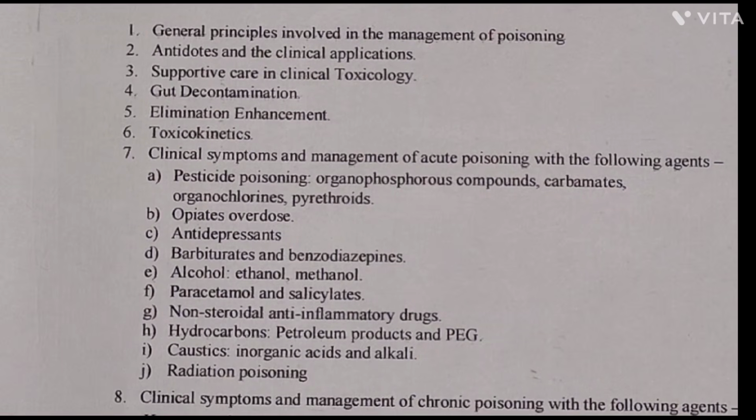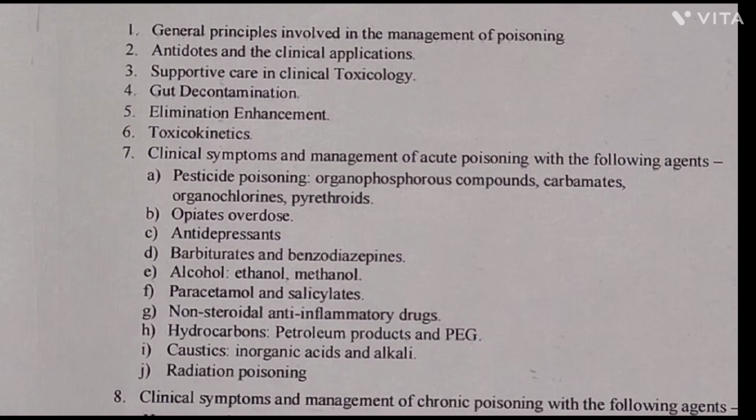However, I want to clarify that we are going to study opiate overdose from the acute perspective in this section. The chronic effect we will discuss in the last chapter, the chapter on substance abuse. So we are going to split opiate overdose into two sections: acute here in chapter 7, and chronic in chapter 13.